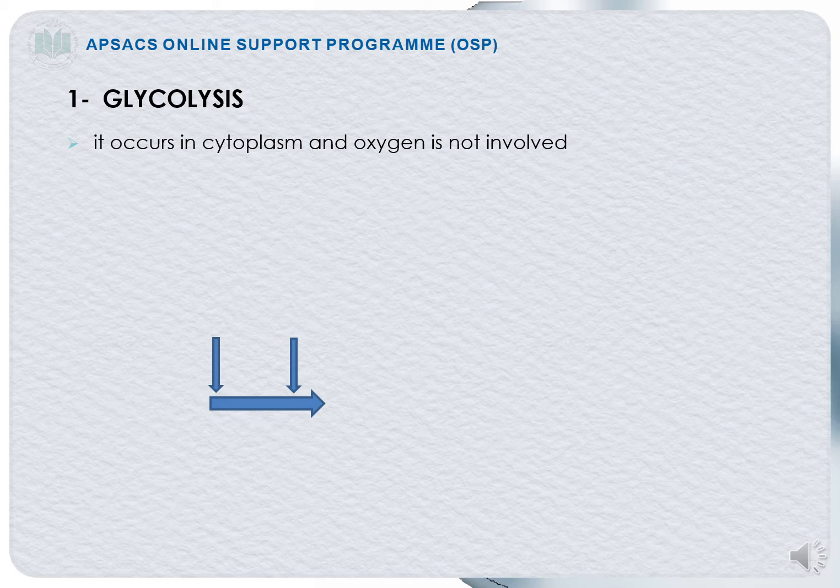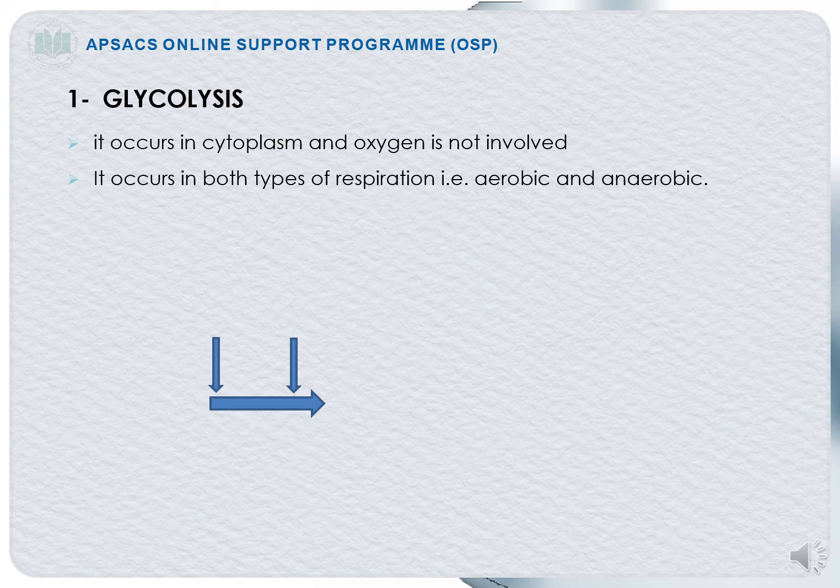Glycolysis takes place in the cytoplasm, and it does not involve oxygen, because it does not need oxygen whether oxygen is present or not. So it has no concern with oxygen, and it occurs in both types of respiration, aerobic and anaerobic.